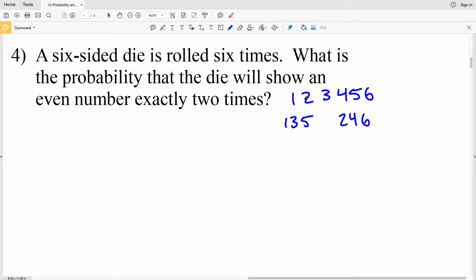So the number of combinations of odd or even will be 2 to the 6, since we're rolling the die 6 times and there are two different options, either odd or even.